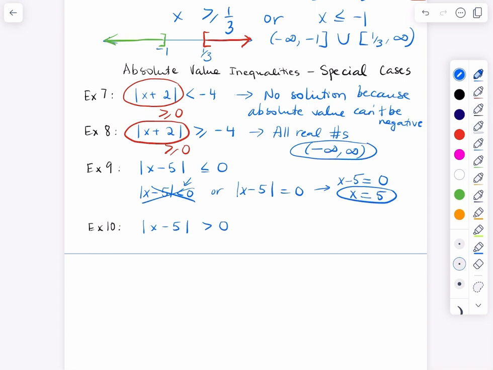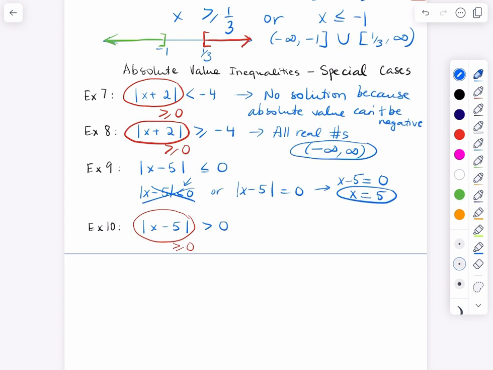Next, we have the absolute value of x minus 5 is greater than 0. So we remember that this absolute value can be greater than or equal to 0, but now in this problem, the condition is it has to be strictly greater than 0. It cannot be equal to 0 at all.